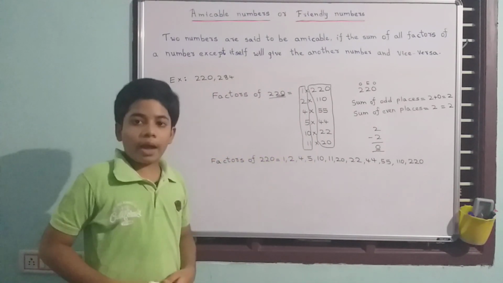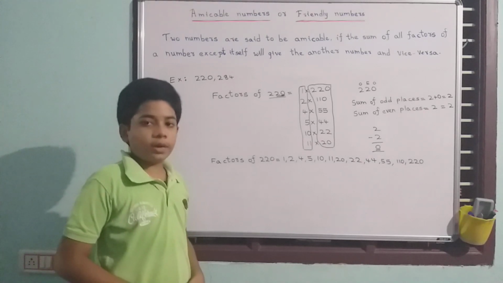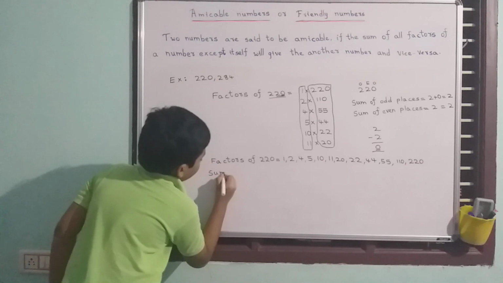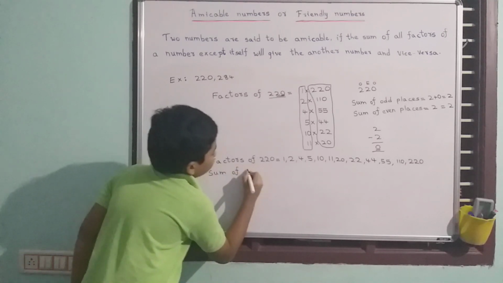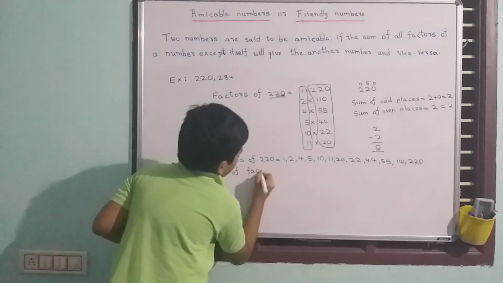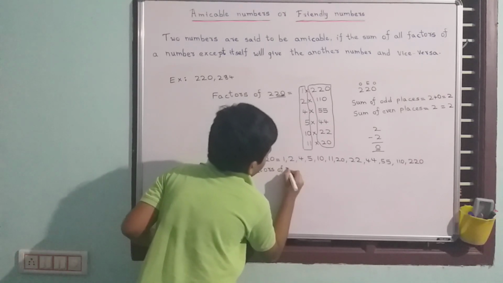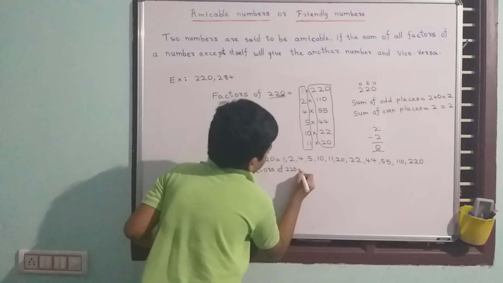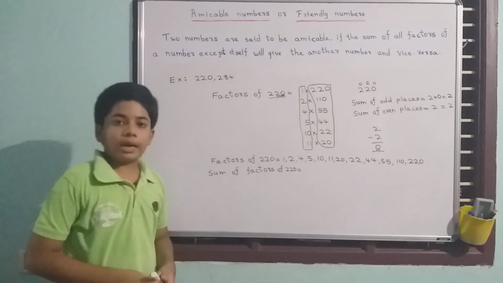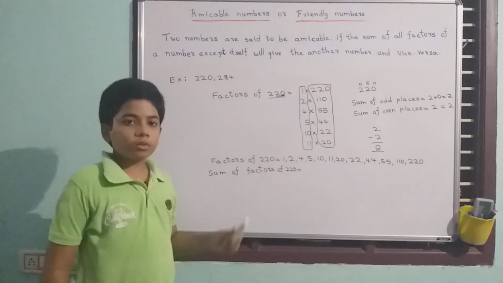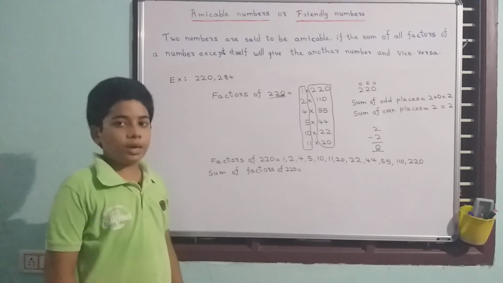Now we have to add the factors of 220. So before adding the factors of 220, we have to revise the definition of amicable numbers.